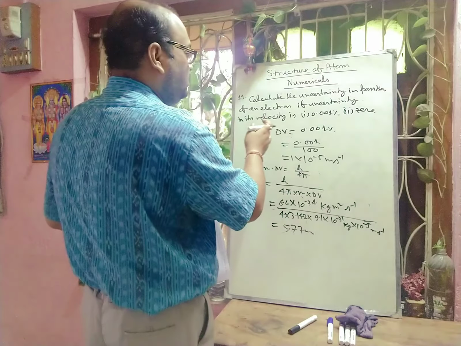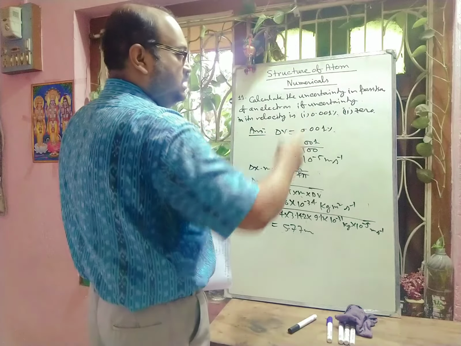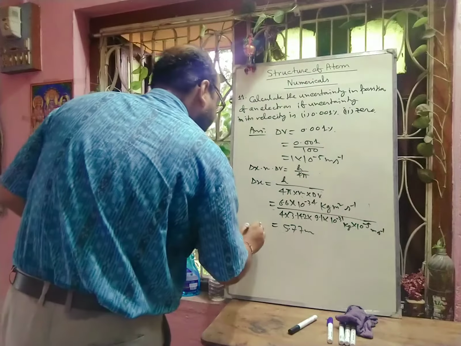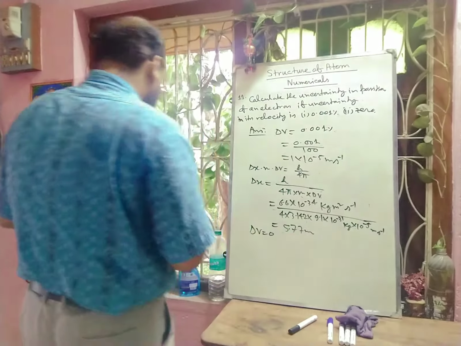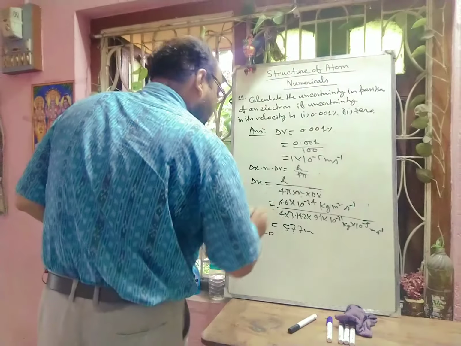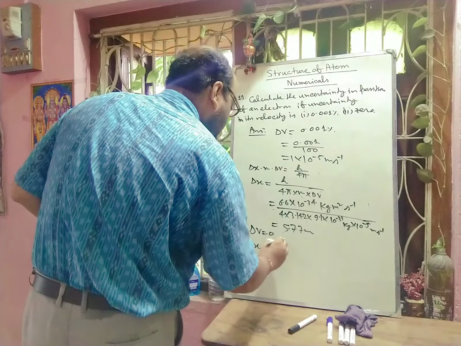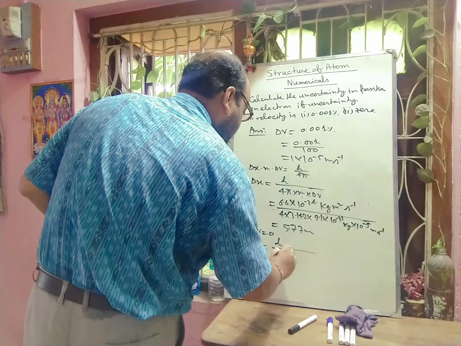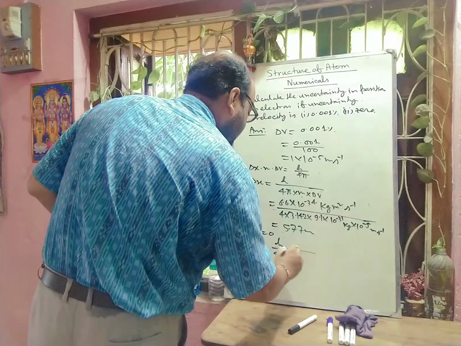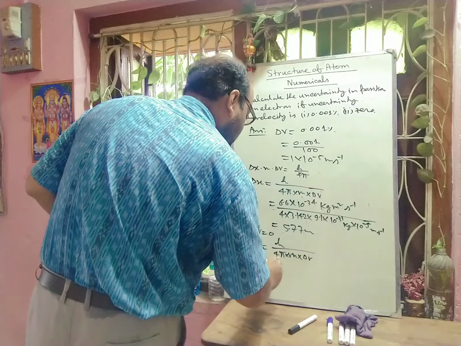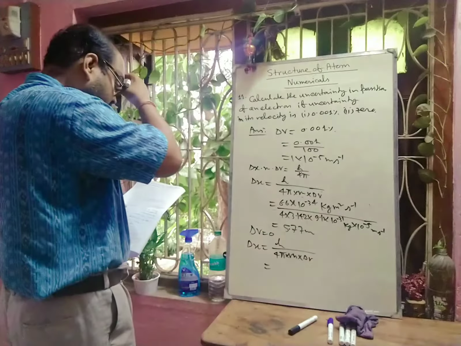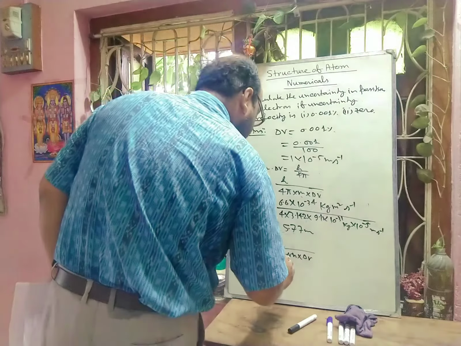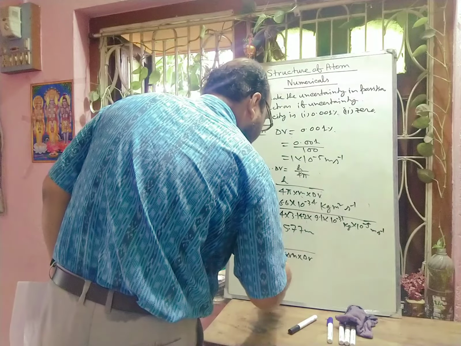Now we have to calculate if the uncertainty in the velocity is 0. So that means delta v is equal to 0. So whenever delta v is equal to 0, we put the same formula, that is delta x is equal to h by 4 pi m into delta v. Now we are putting that this one is 0. That means something by 0.